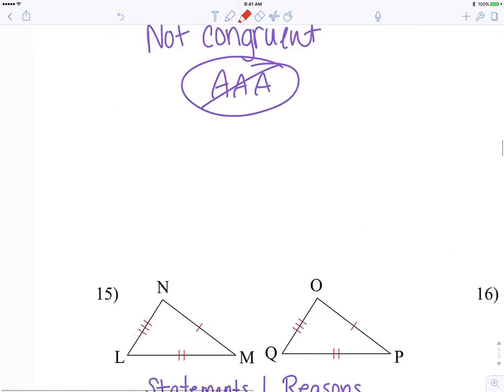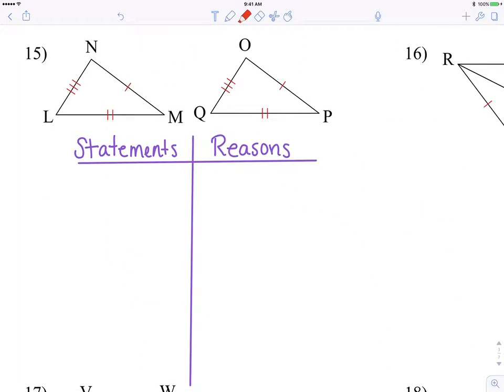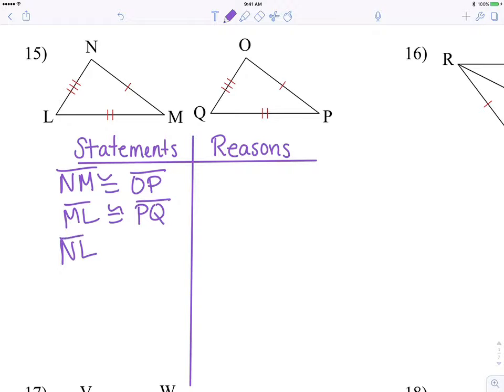Number 15. These 2 triangles are congruent by side, side, side. There are 3 pairs of sides marked congruent. So I can say NM is congruent to OP, ML is congruent to PQ, and NL is congruent to OQ, and that's all given.